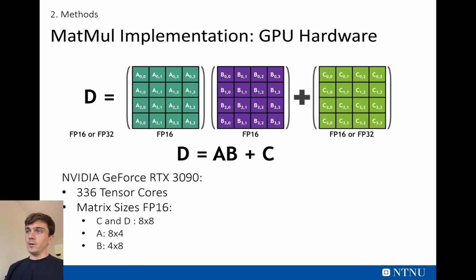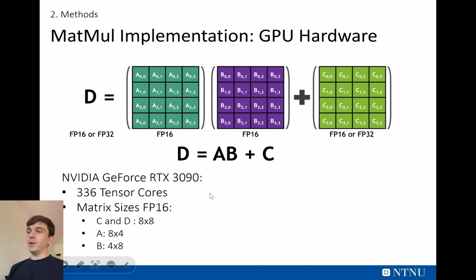So it's multiplying A times B plus C, and these are matrices of sizes, well, here they are given as 8 times 8, and then A and B are 8 times 4 and 4 times 8. And each of these values is in FP16, so half precision. So it's able to do this matrix operation in one cycle.